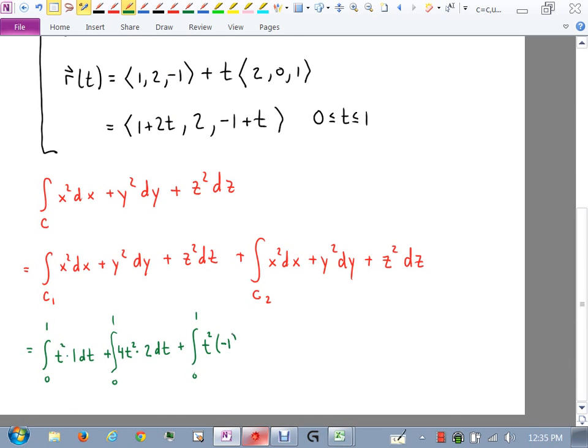So negative 1 dt. That is this. And then you go over here, but the difference is now you're looking at C2 and you plug in and you're done.